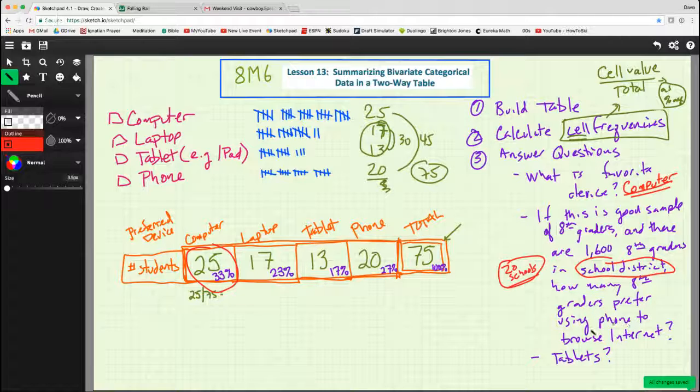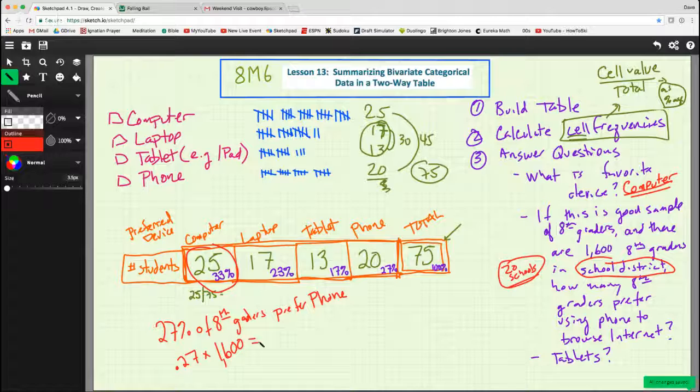I'm just making that up, might be 20 schools. How many 8th graders prefer using phone to browse the internet? So let's see. Well, we have to go back to our knowledge of percentages. So we're going to assume that this is a good sample. And so we assume that 27% of 8th graders prefer to use the phone. So let's see. So 27%, so that's 0.27, of is times 8th graders.